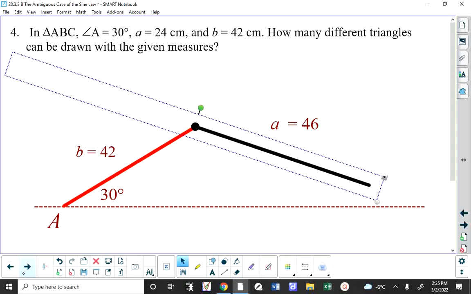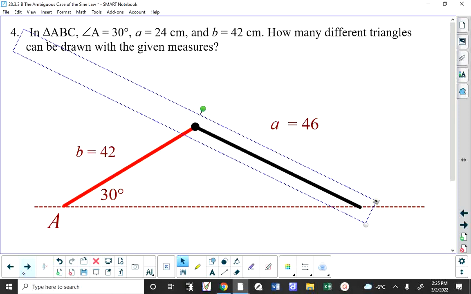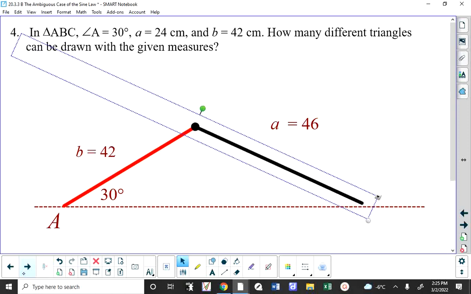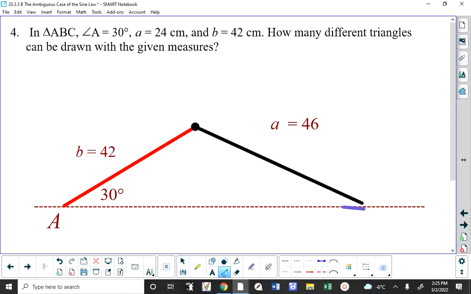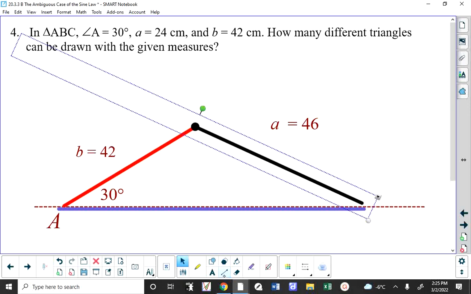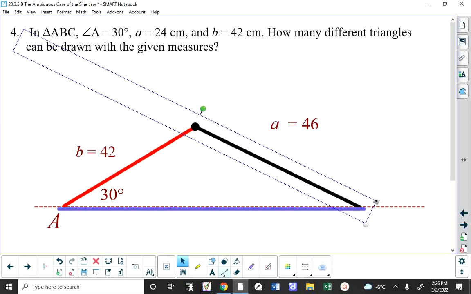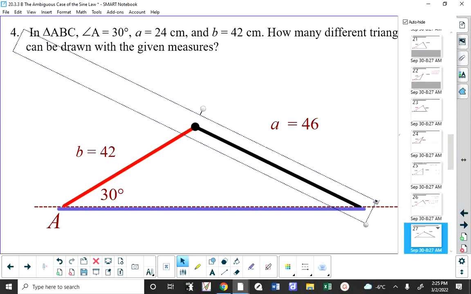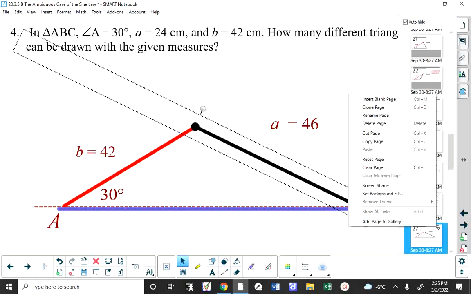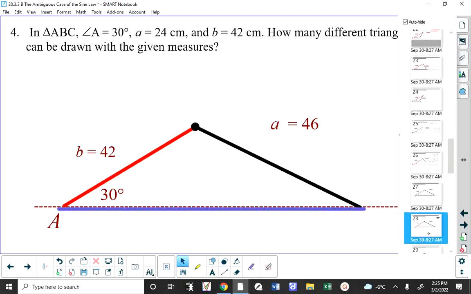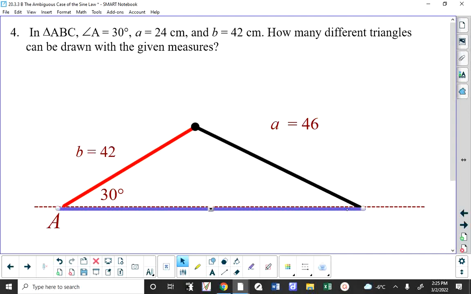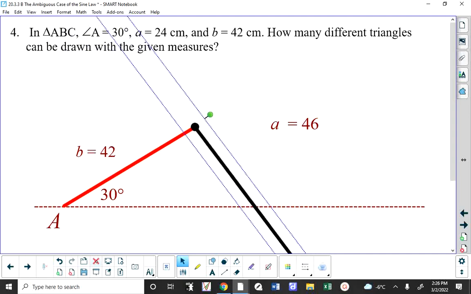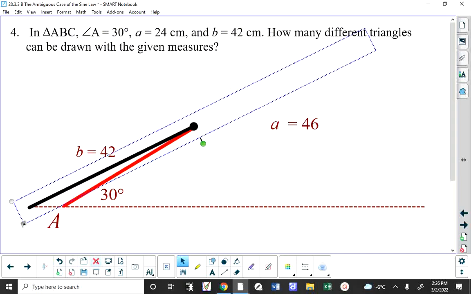If I rotate this, you can see that it connects right there. So we would get a triangle there. But if I try, let me just fix this a little bit. Good enough. If I try now to make it connect on the other side, so we no longer have this side, and I continue to rotate this, it's going to connect back here.